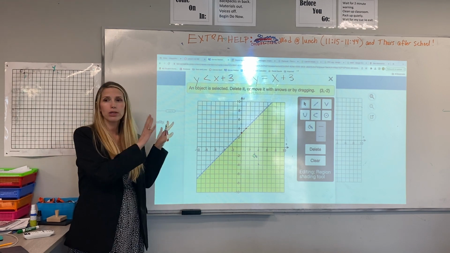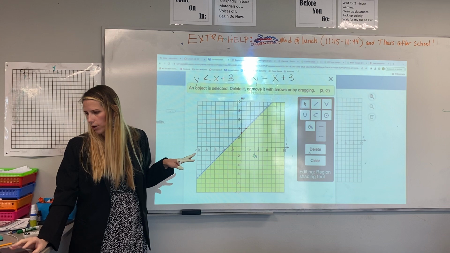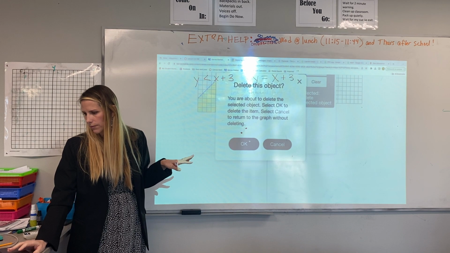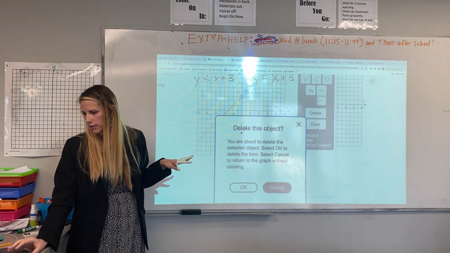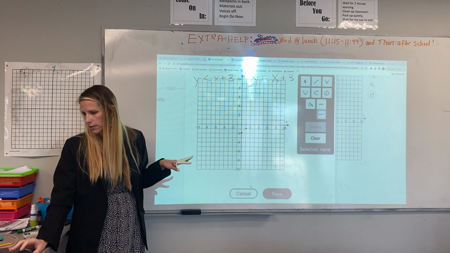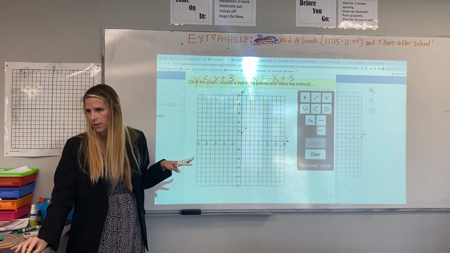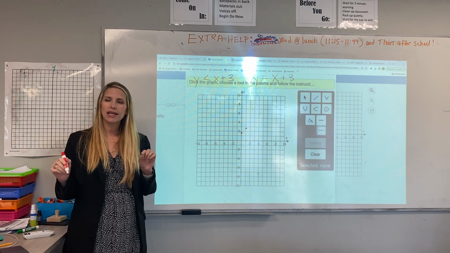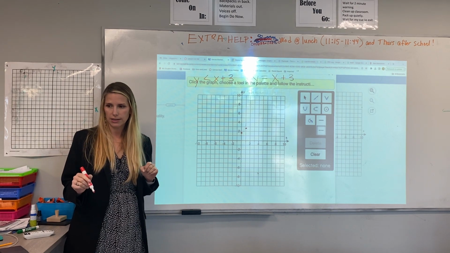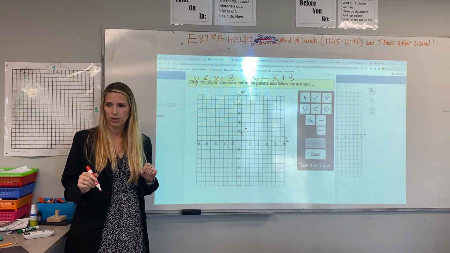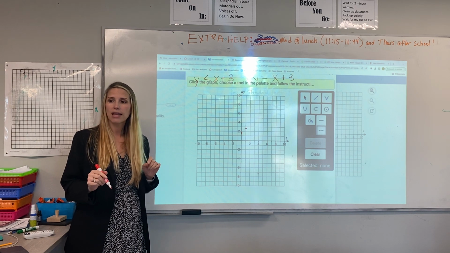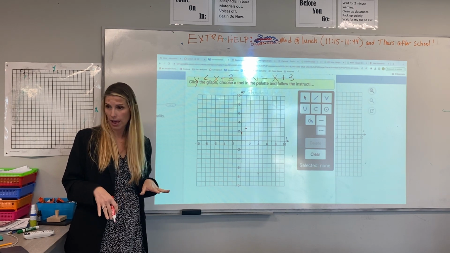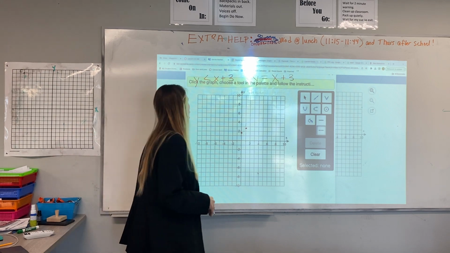Okay, I'm going to erase this just so I can help her. Yeah? If my sign is facing the other way... Tell me if it's a less than sign or a greater than sign. It's greater than. Okay, because less than is in the direction of an L, greater than is not.